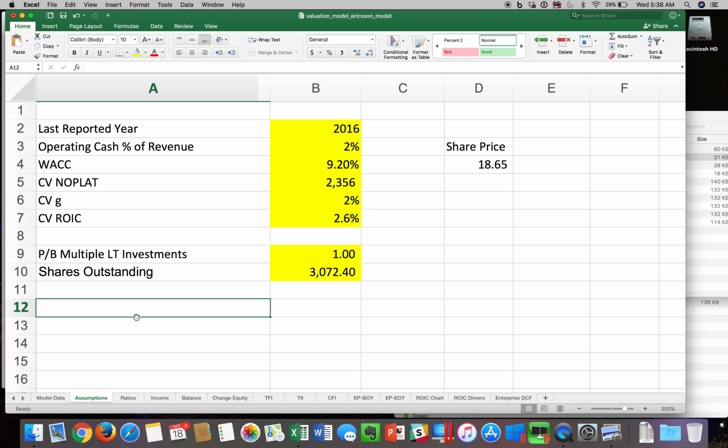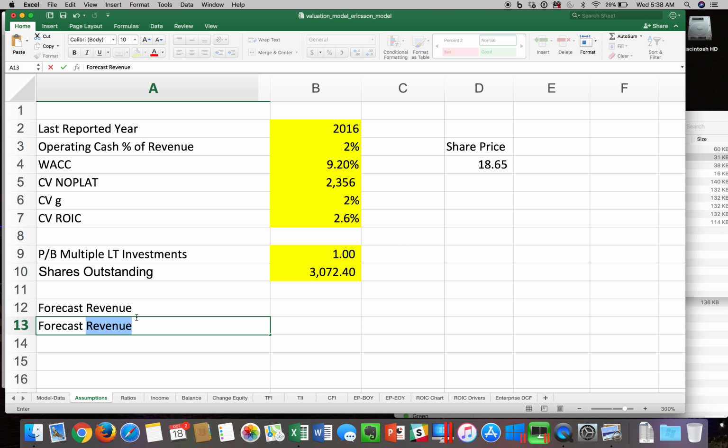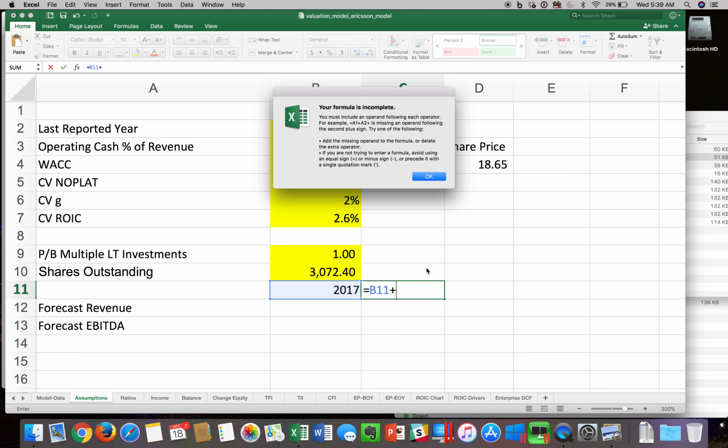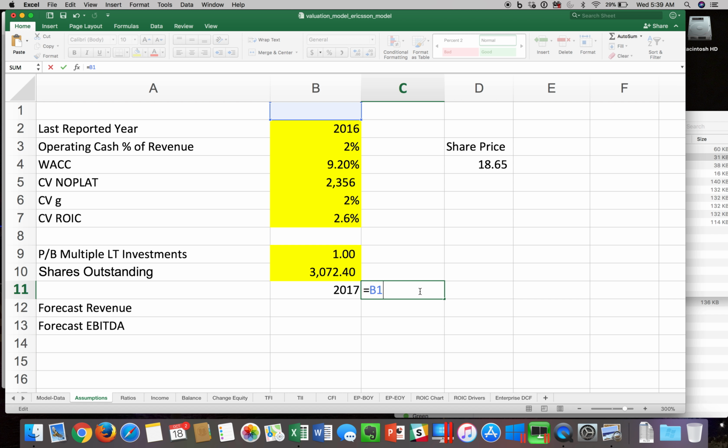We're going to use the forecasted revenue and the forecasted EBITDA for, and again, equals last reported year plus 1 and another plus 1 for the next 2 forward years.